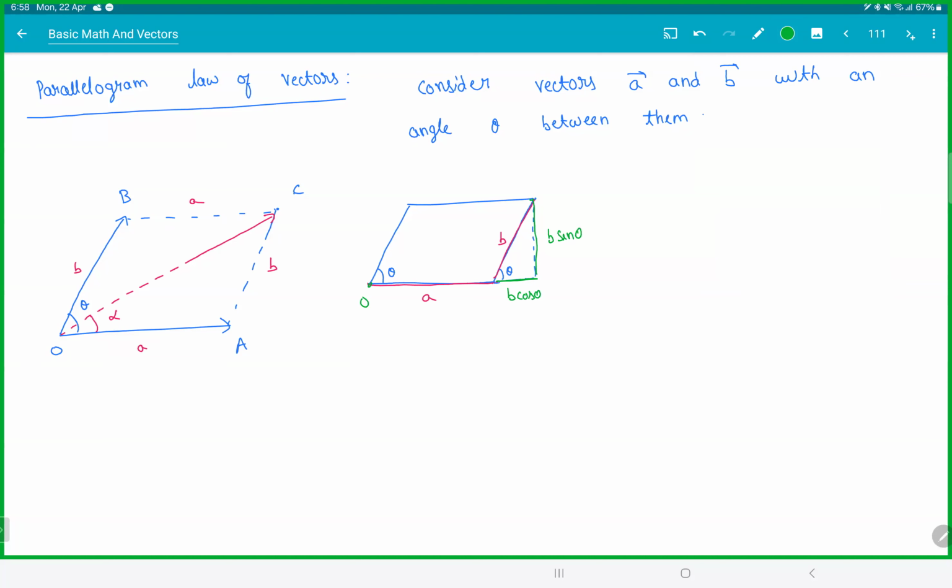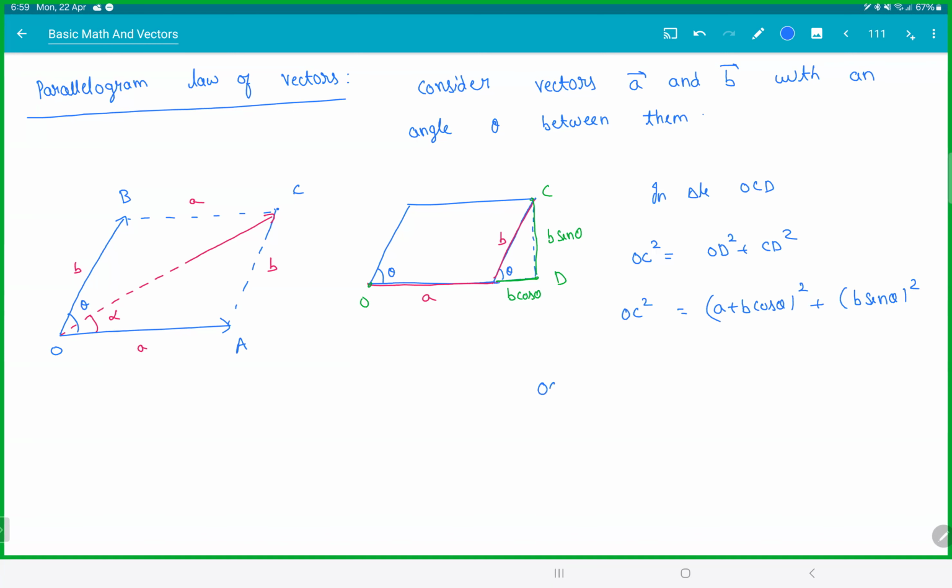Let's call this point D. So in triangle OCD, OC square is nothing but OD square plus CD square. This is A plus B cos theta whole square, which is nothing but vector resolution actually, plus B sin theta whole square. This is your OC square.